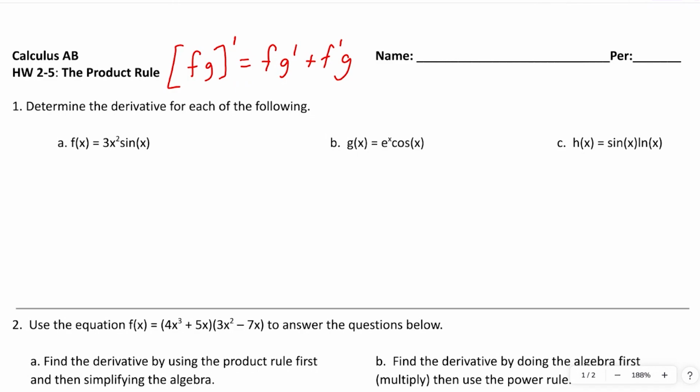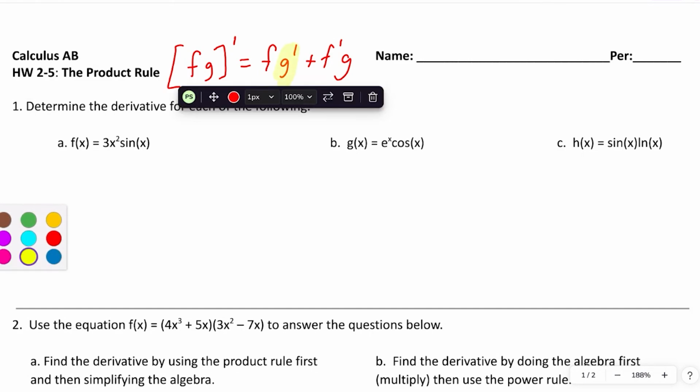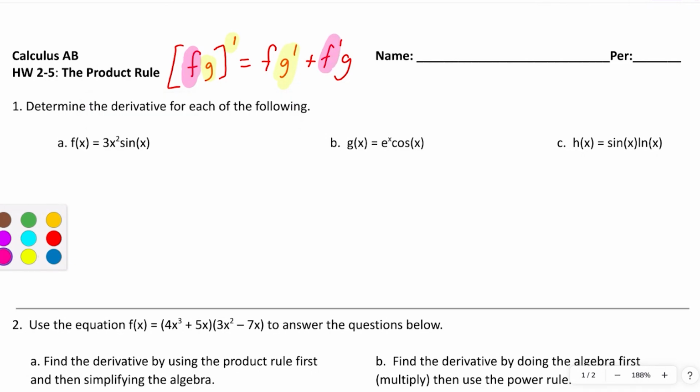So in other words, you have to differentiate each of the inside functions, but whichever one you're differentiating, like let's say we differentiate the second function first, you want to multiply that by the first original function, okay? So notice g prime. Now, in whatever the other term is, you're going to differentiate the first function and multiply that by the second.